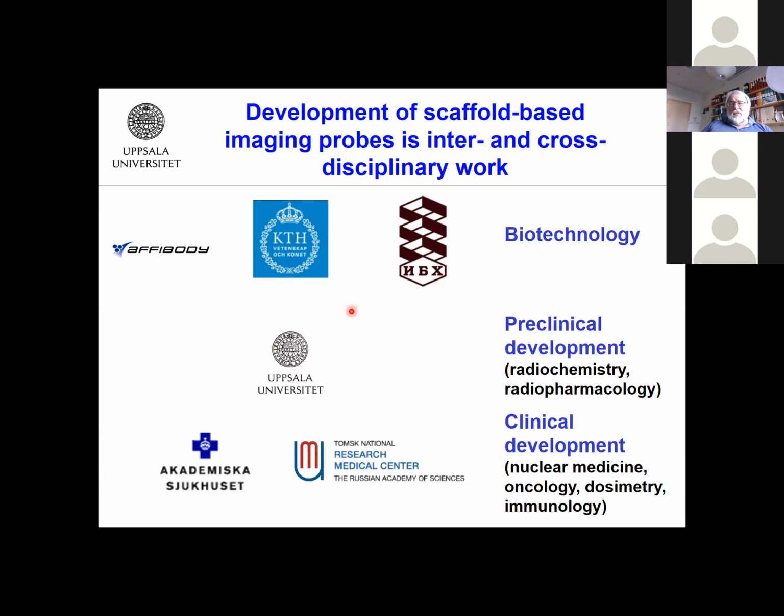In our particular case, we have three major biotechnology partners. It's a company, Affibody AB, it's the Royal Institute of Technology in Stockholm, it's the Ovchinnikov Institute of Bioorganic Chemistry in Moscow.